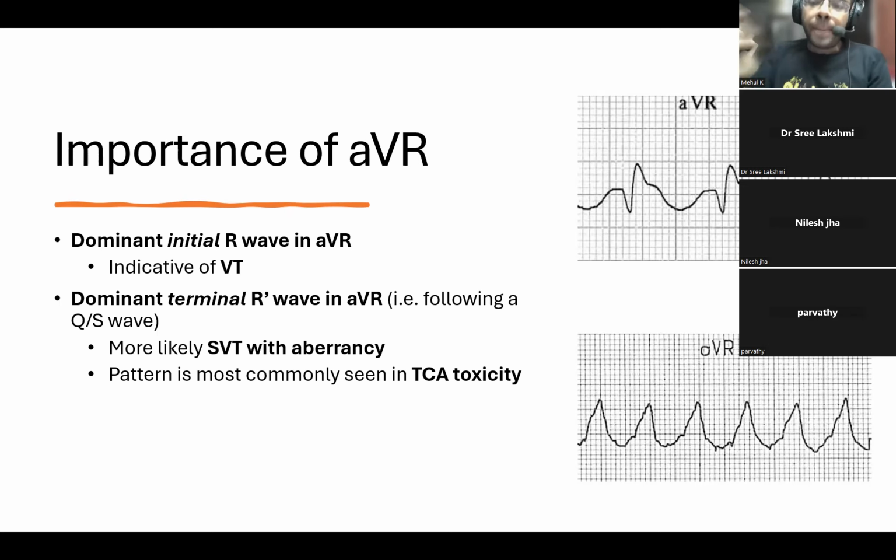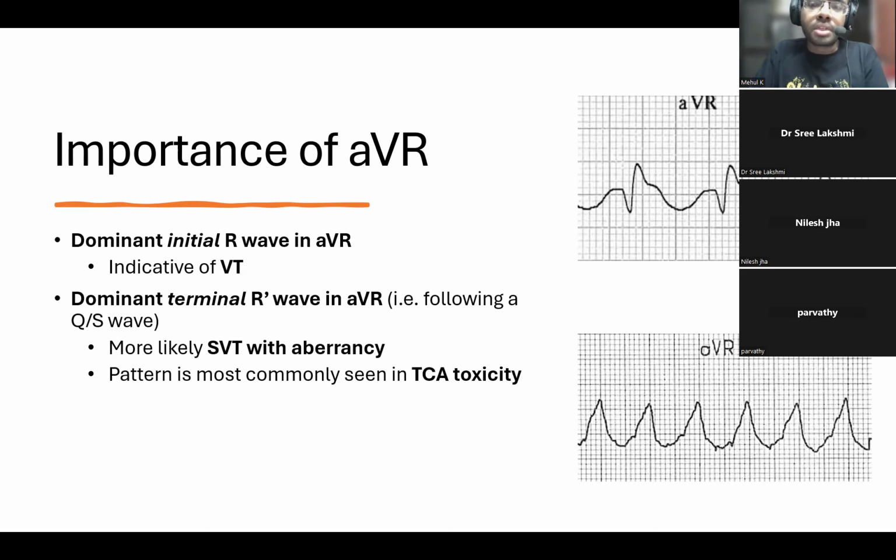If you have a big R wave in aVR, what does that actually mean? Basic ECG fundamental: positive charge moving towards an electrode produces a positive deflection. So depolarization occurring towards a lead causes a positive deflection.